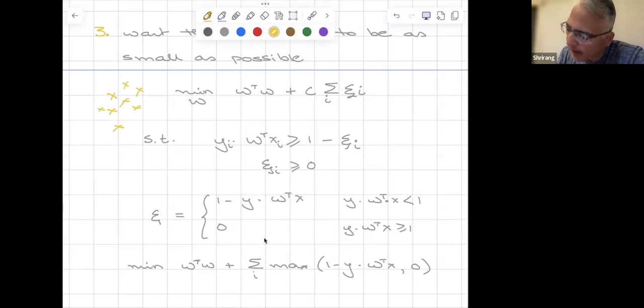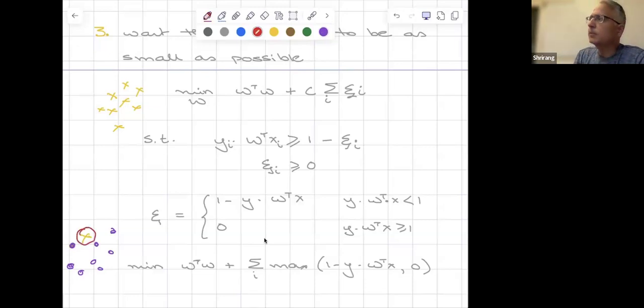All of these and one X out here, and all of my other points, my second class, are all out here. Now what's going to happen is this point down here is going to decide what my hyperplane is. So I would rather have my hyperplane out here than have it out here. Sorry, that was supposed to be a straight line.